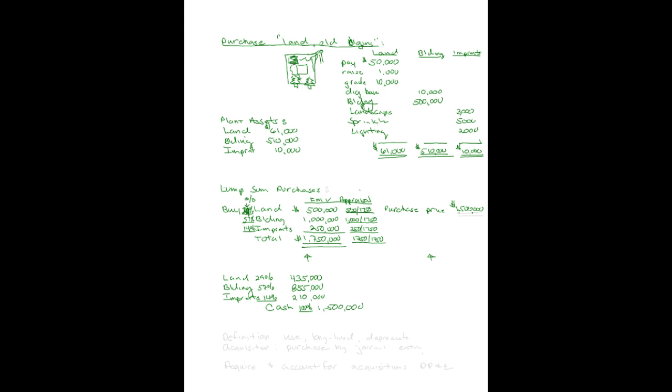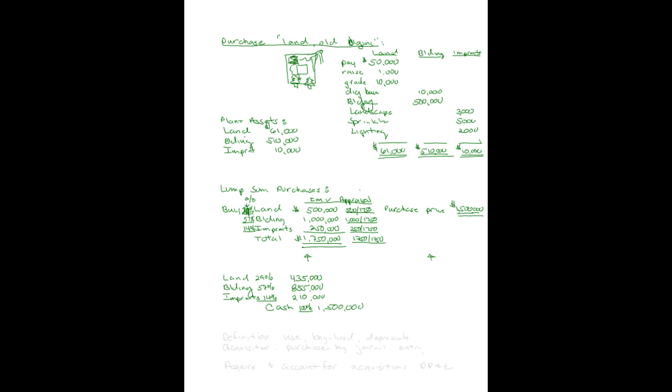The lump sum purchase method uses the fair market value of a purchase, where you've made a purchase of several things at once, figures out what percent of the total fair market value belongs to each category, and simply applies that to the amount of cash paid to come up with the journal entry that capitalizes all of the costs into the appropriate account.